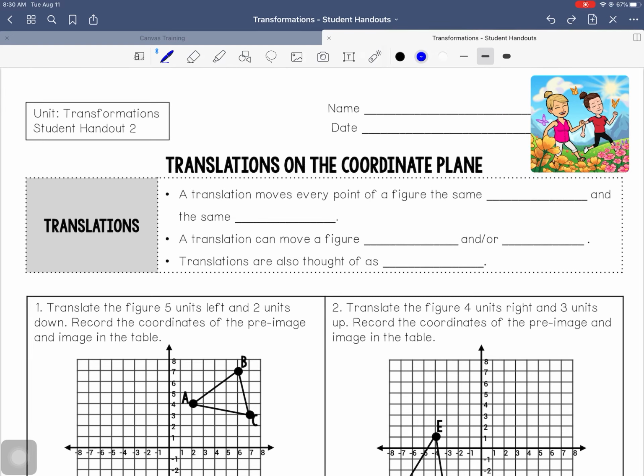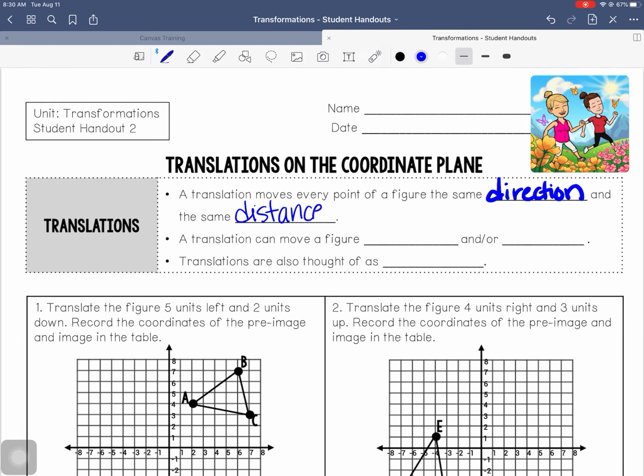All right, translations on the coordinate plane. The coordinate plane is your graph where you have the x-axis and the y-axis. A translation moves every point of a figure the same direction and the same distance.